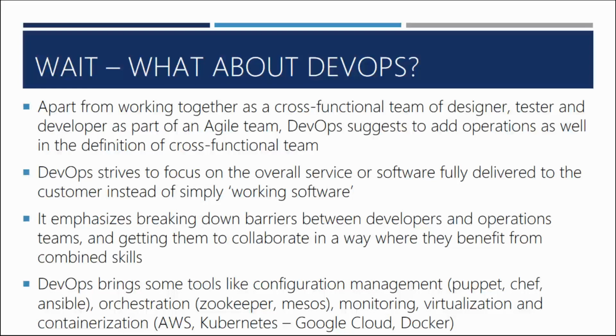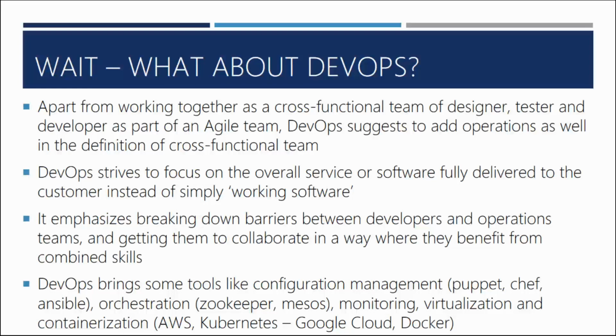DevOps also strives to focus on the overall service or software fully delivered to the customer instead of simply working software. So the customer is not only going to get the end product, but that software has been fully tested, fully fixed, and iterated several times among different teams.